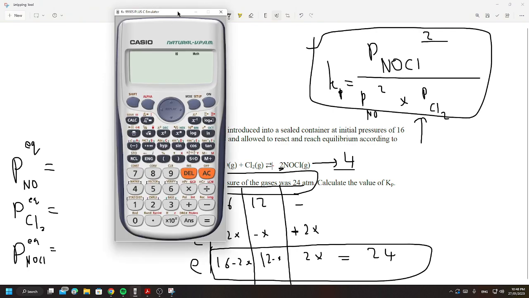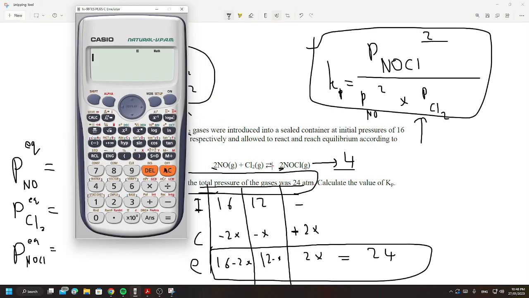Let's solve for x again on the calculator. 16 minus 2x plus 12 minus x plus 2x equals 24. So for x, we still got x to be 4.